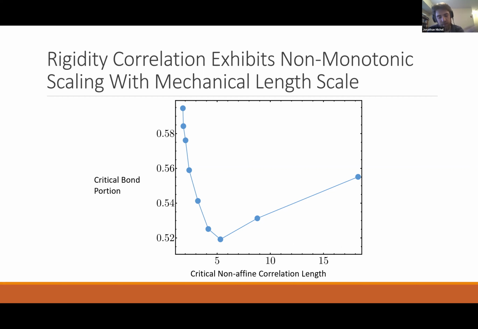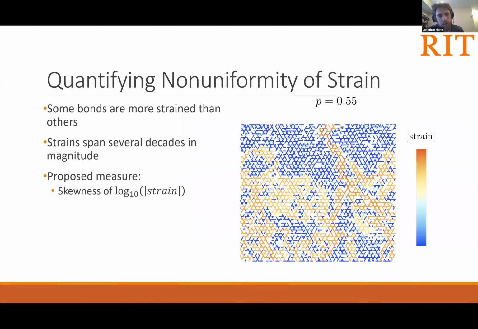So you have these large chunks of material, but scattered few and far between throughout the network. At some point they become too poorly coupled to allow the network to efficiently transmit stress. And so beyond this correlation strength of about 0.6, you get too much of a good thing, and having a larger non-affine correlation length scale actually begins to do more harm than good.